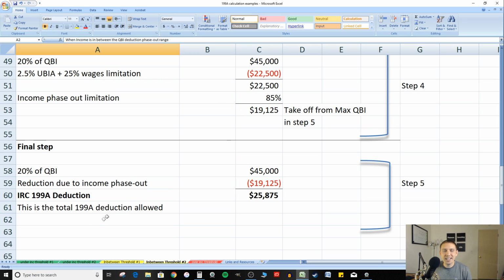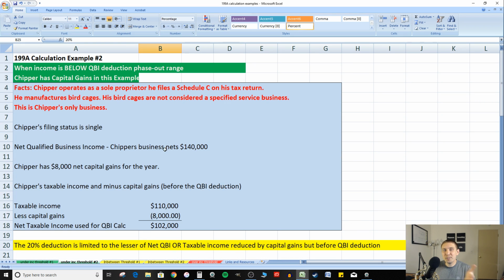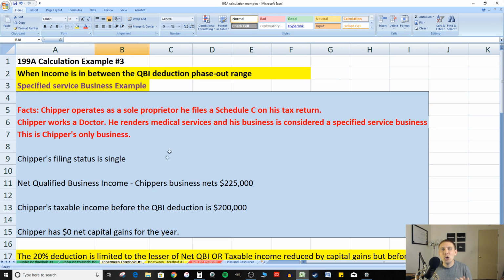So we've looked at an easy one. We've looked at when Chipper's income is below the phase-out ranges. We've looked at example number 2, where it's below the phase-out ranges, and he has a little bit of capital gains, and how that changes the calculation a little bit. In example 3, we looked at when Chipper's income is between the income phase-out ranges, and he's in a specified service trade or business.